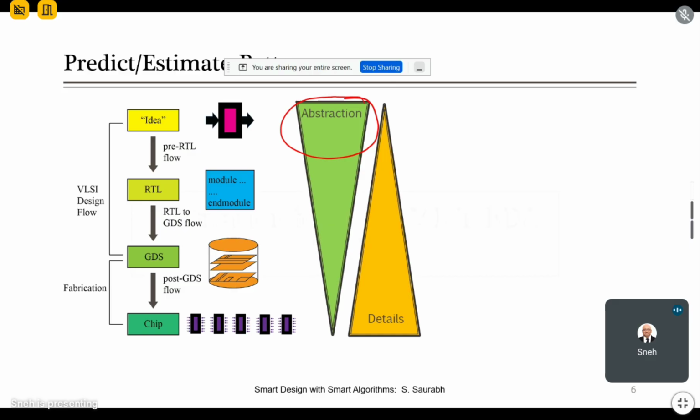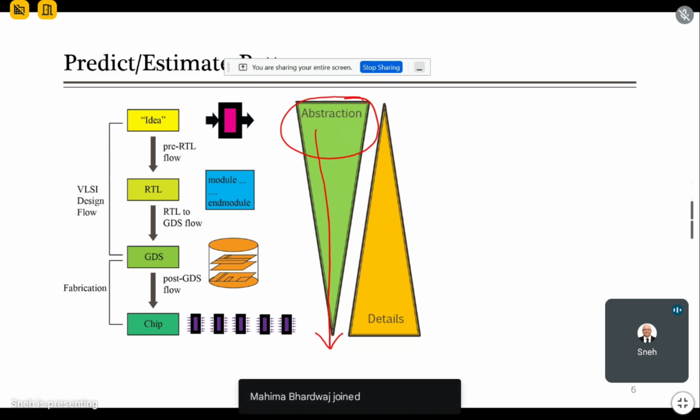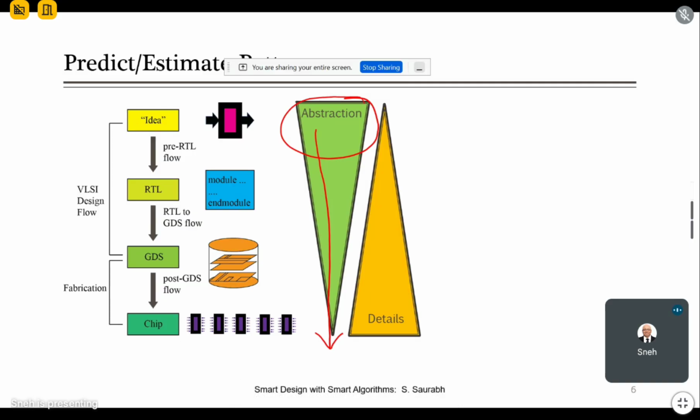And as the design progresses, the details are added, and the abstraction decreases, right? Now when we are at the higher level of abstraction, what happens is that we have less information about the design. Nevertheless, we need to take some design decisions, right?